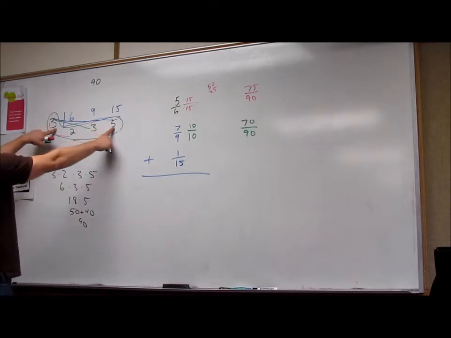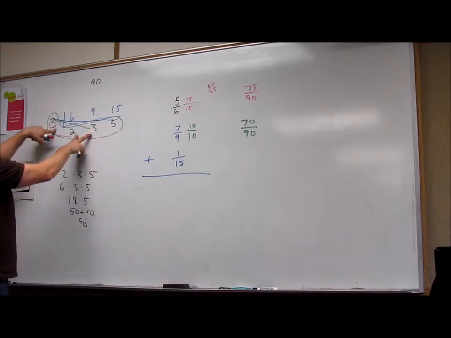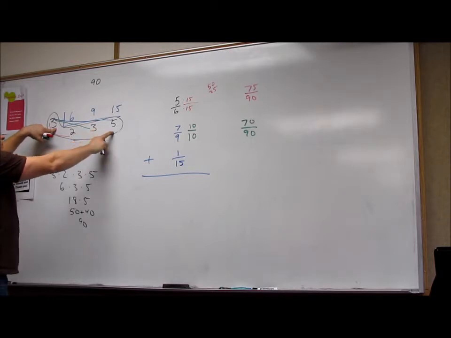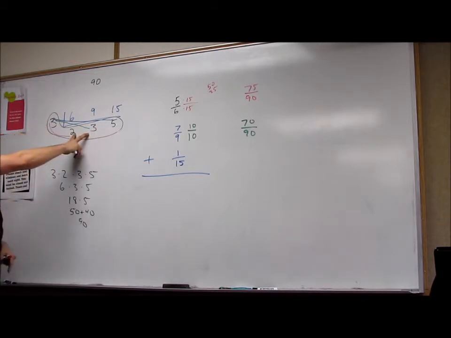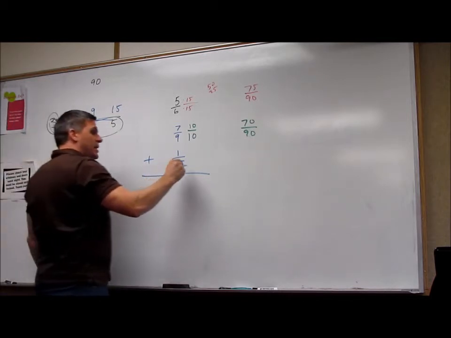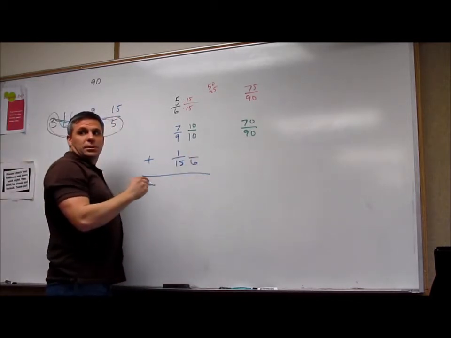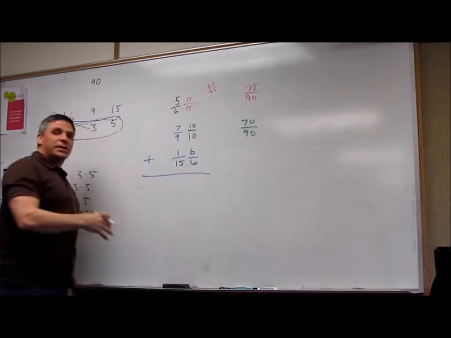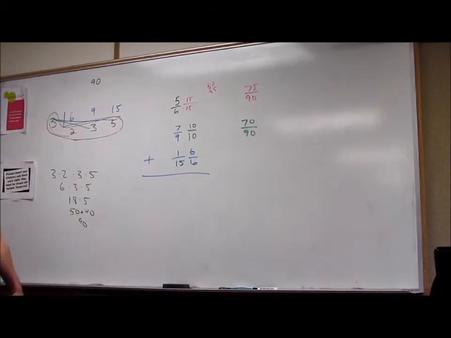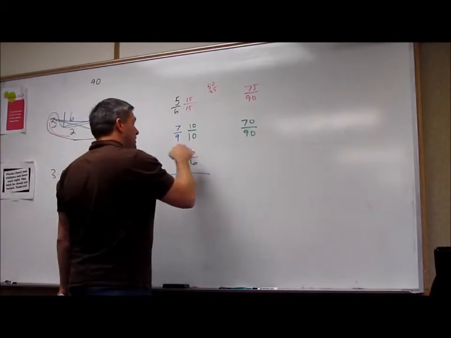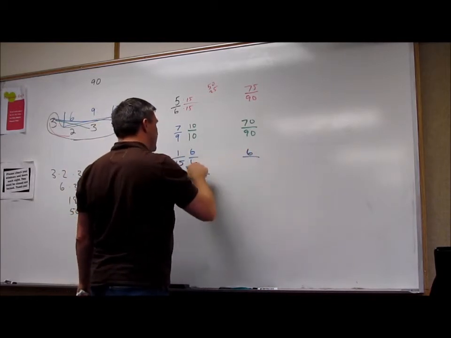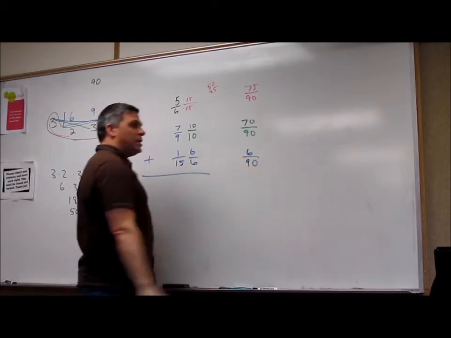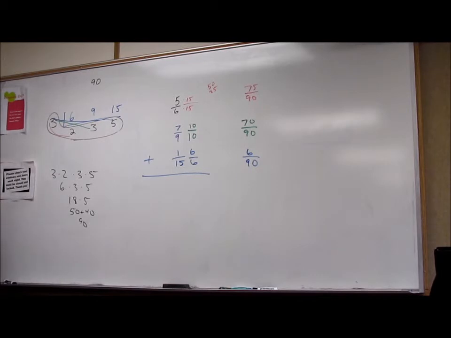So these two times these two, which is 15 times 6. Oh, 15 times 6 is 90. So remember, I just do the same thing to the top as I did to the bottom. So 6 times 1 is 6, and 6 times 15 is 90. And look, they all have the same denominator.